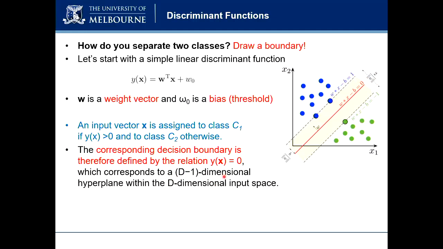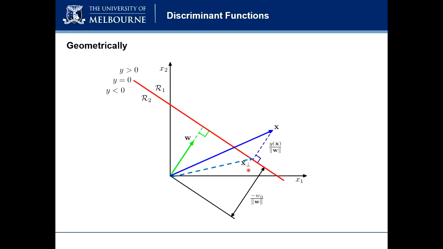As I said, it's a d minus 1 dimensional hyperplane in the d dimensional input space. If d is 2, then it's 1. If d is 3, then it's 2, and so on. I've also included this slide because it puts a lot of analytical geometry here.